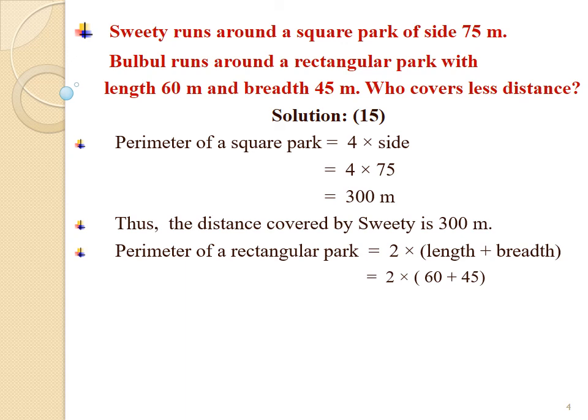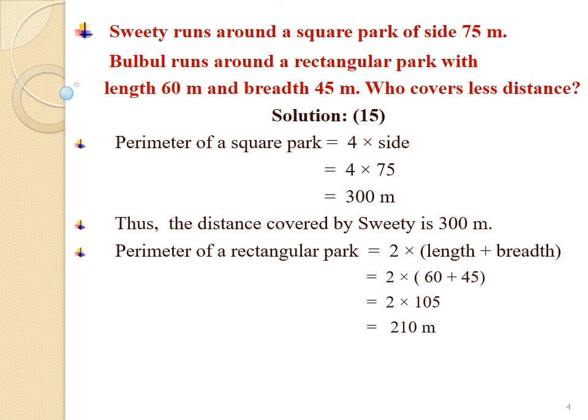Now adding 60 and 45 and keeping 2 as it is, we get 2 multiplied by 105. Multiplying 105 by 2, we get 210 meters.